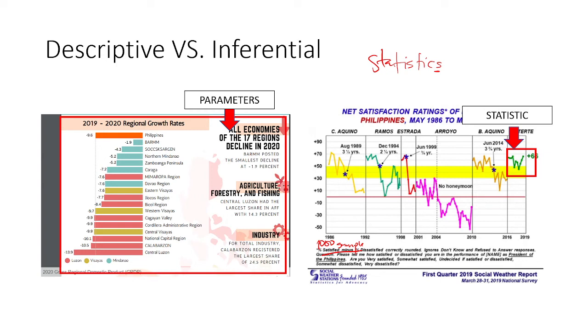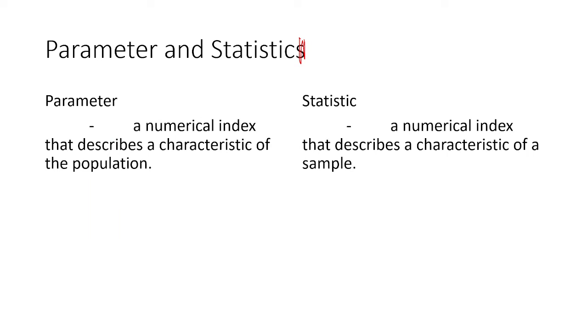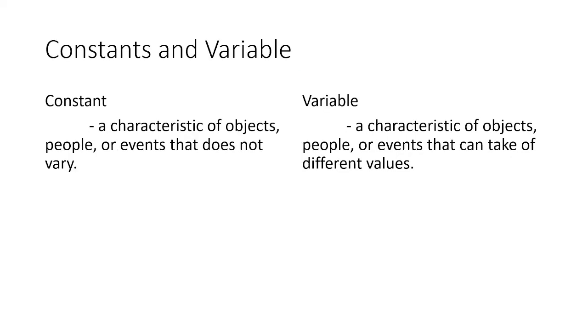So, itong parameters, it describes the population, and statistics, it describes the sample of the population, that will generalize, that generally describes the population. Okay? So next natin are constants and variables.